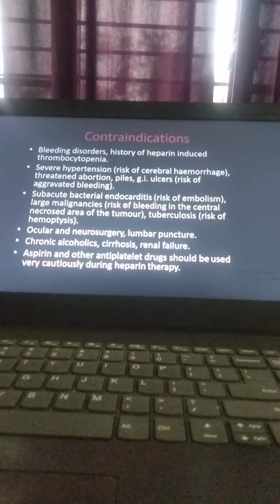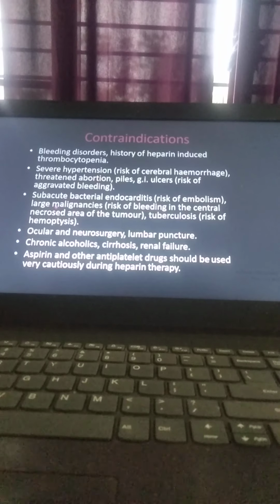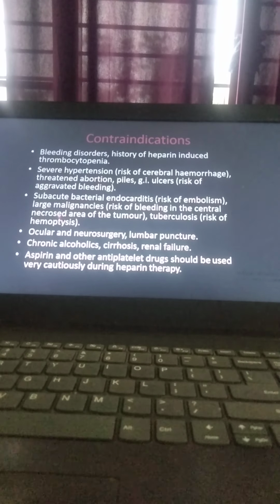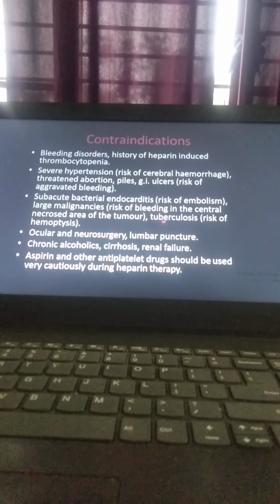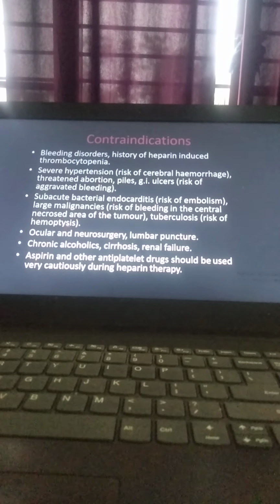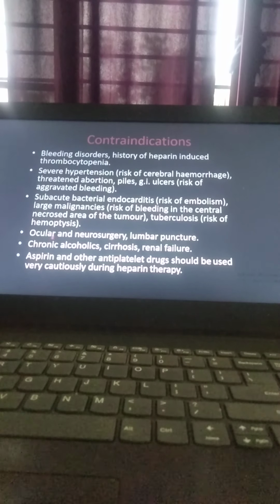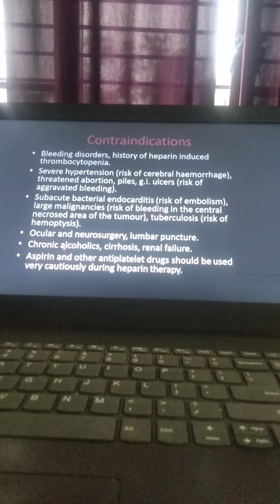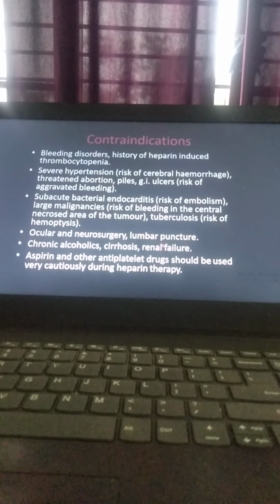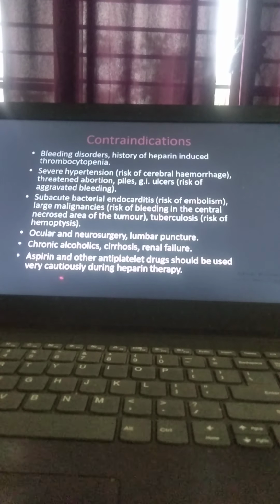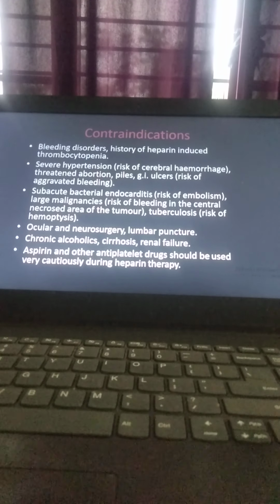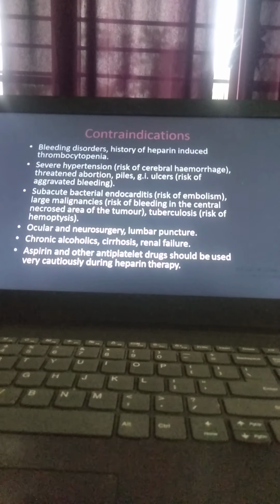Subacute bacterial endocarditis, risk of embolism, large malignancy, risk of bleeding in the central necrosed areas of the tumor, tuberculosis, risk of hemoptysis, ocular and neurosurgery, lumbar puncture. Chronic alcoholics, we have cirrhosis, renal failure. Aspirin and other antiplatelet drugs should be used very cautiously during heparin therapy. So these are the contraindications where we should be very cautious.